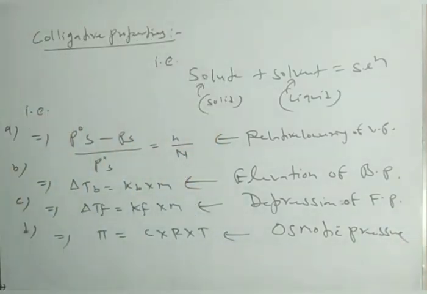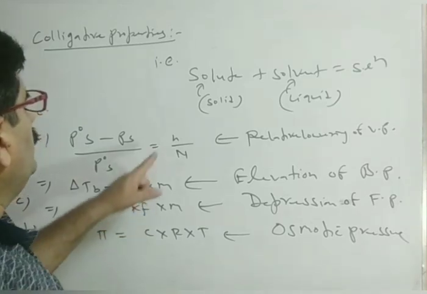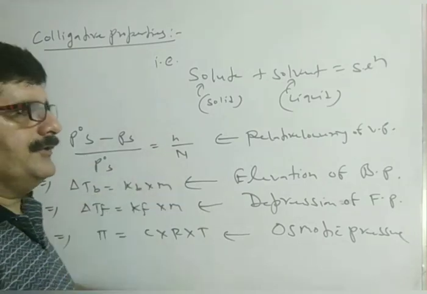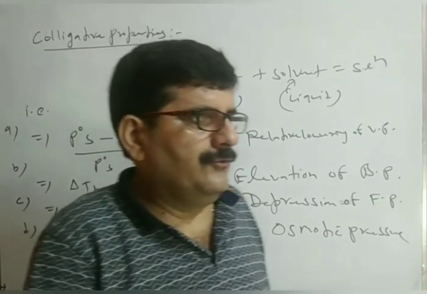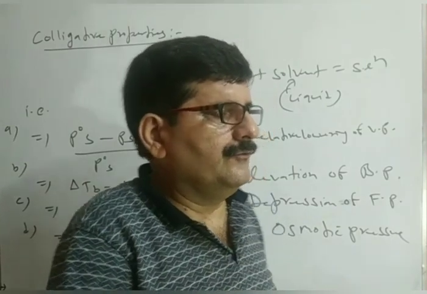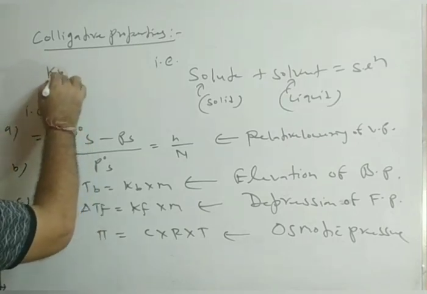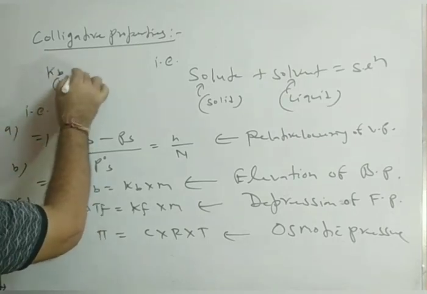Where terms have their usual meaning. If we multiply by i, it is said to be what? Van't Hoff factor, when our solute either dissociates or associates in solution. You always know the value of Kb for water is fixed.